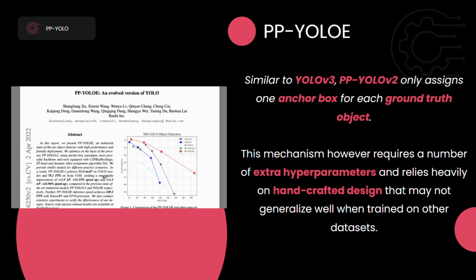So, PP-YOLOv2 only uses one anchor box for each ground truth object, and what it does is that it increases the number of hyperparameters that were initially planned for and relies heavily on handcrafted design, which will not generalize well when it's being trained with different types of datasets.